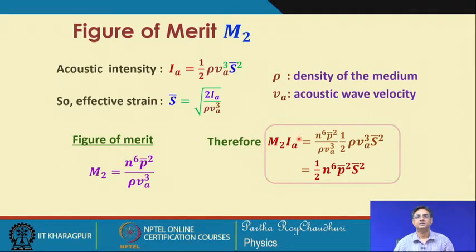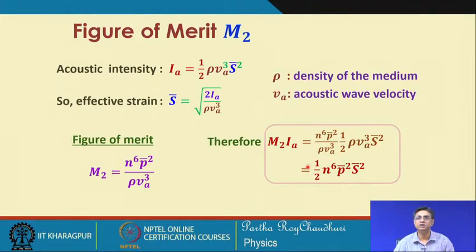So, if I substitute here into this equation, and take this to this side, then we can get this equation, or otherwise if you just multiply I a into M 2, we can write down this equation.